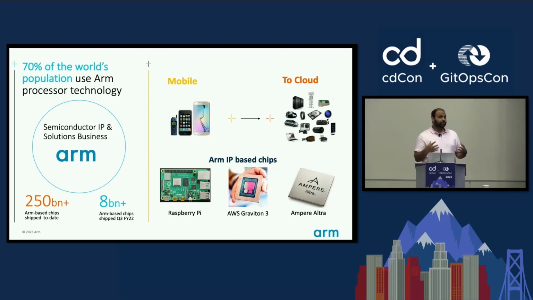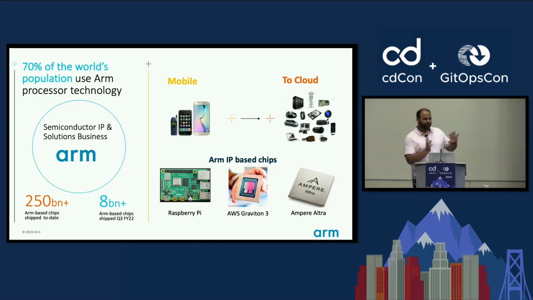And as a company, we don't manufacture chips ourselves, but we provide the intellectual property, or the design, to manufacture chips to our partners and customers like AWS, Ampere, etc. And the ARM architecture itself differs from x86 or Intel, meaning that x86 is based on complex instruction set, or CISC, and ARM is based on reduced instruction set.